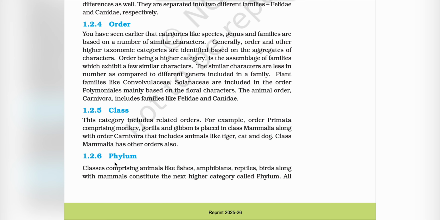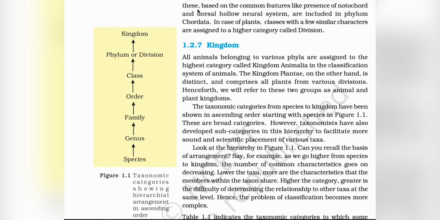Next category is phylum. Classes comprising animals like fishes, amphibians, reptiles, birds along with mammals constitute the next higher category called phylum. All these, based on common features like presence of notochord and dorsal hollow neural system, are included in phylum Chordata. In case of plants, classes with a few similar characters are assigned to a higher category called division.